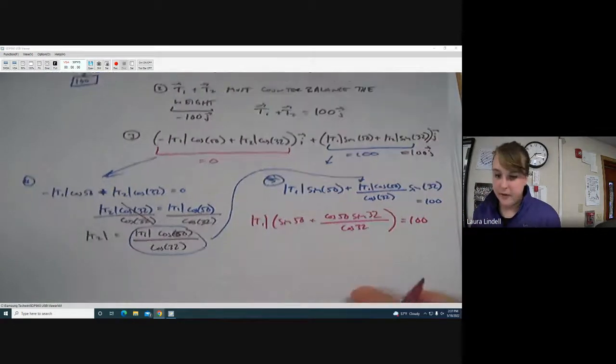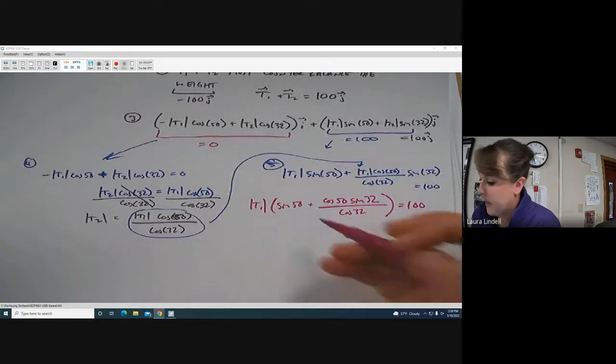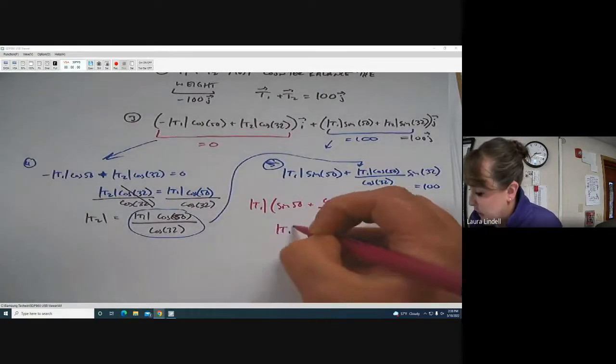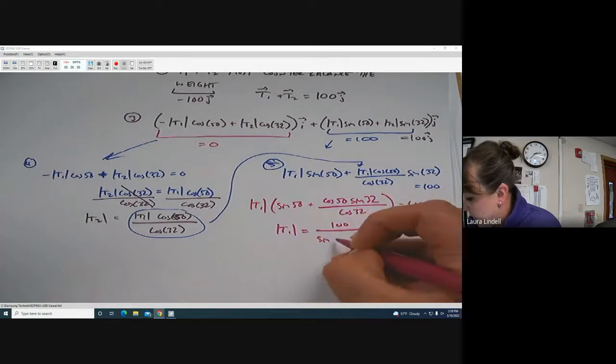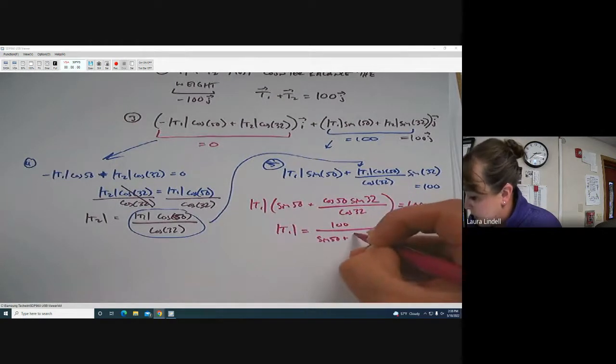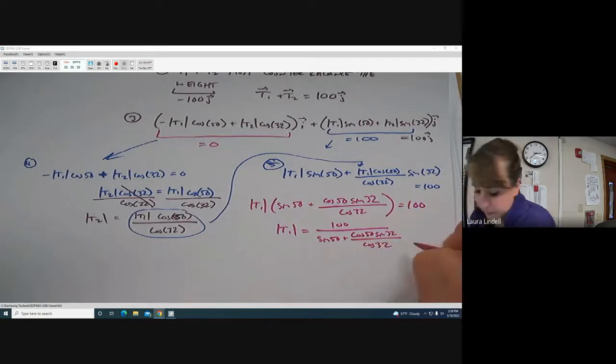And now we can finally divide by this big thing on both sides. So we get that the magnitude of T1 is 100 divided by sine of 50 plus cosine of 50 sine of 32 over cosine of 32.